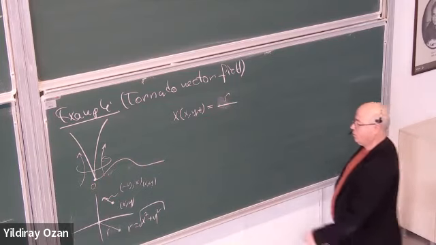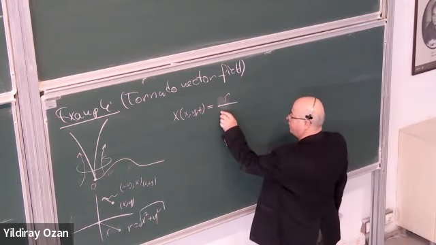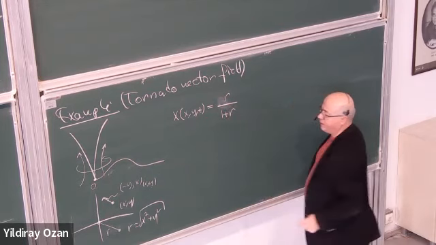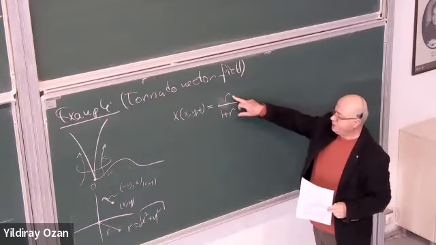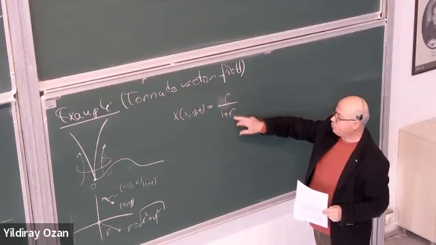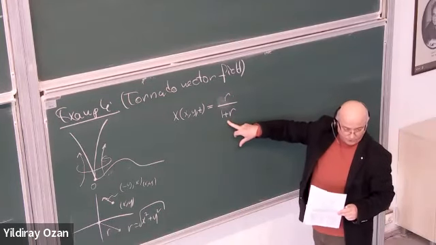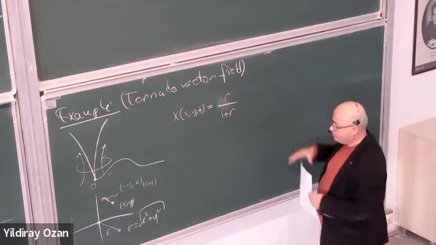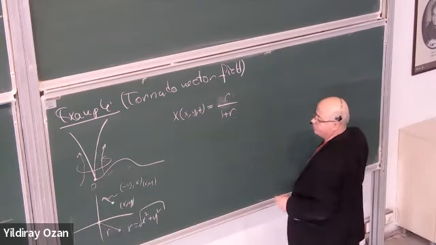So let's say something like this. When r is 0, it is 0. When r is positive, it is positive. But if r is very big, it becomes 0.